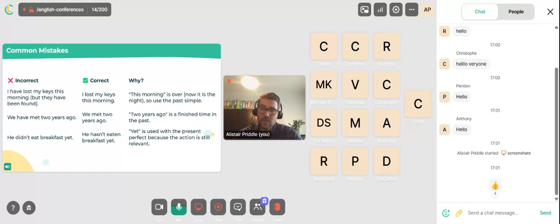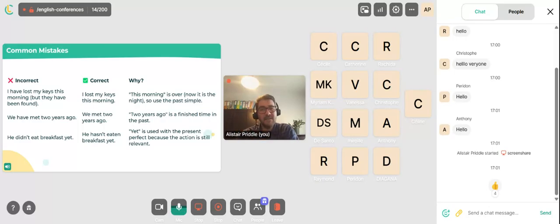Well, let's have a focus on that third example. So the incorrect version to start with: "He didn't eat breakfast yet." This is incorrect. He hasn't eaten breakfast yet. That's better. So yet is used with the present perfect because the action is still relevant now.